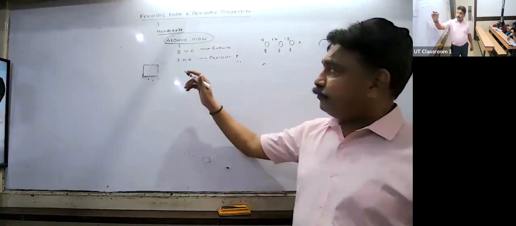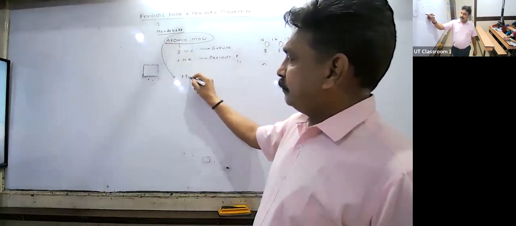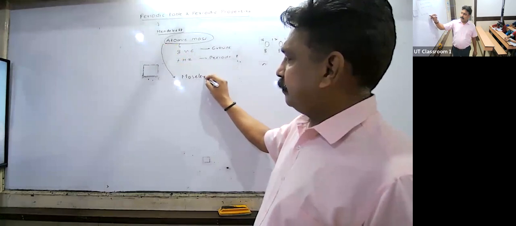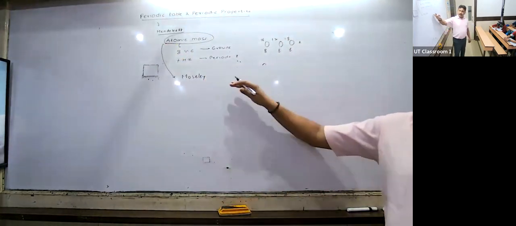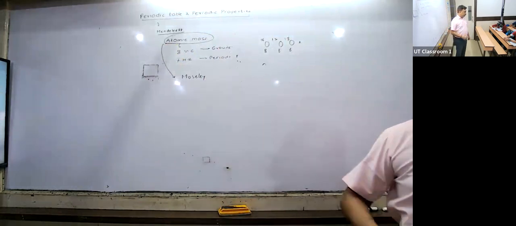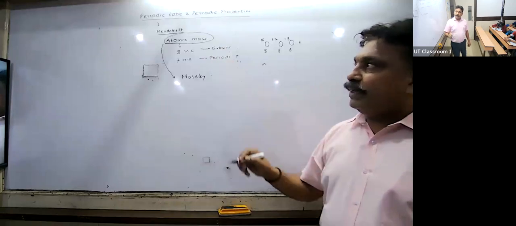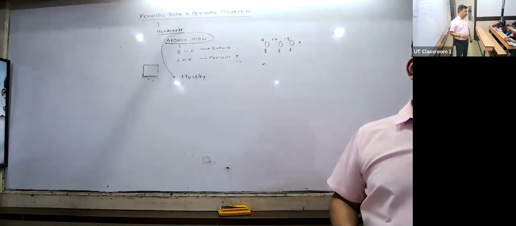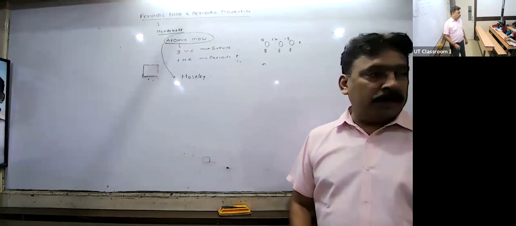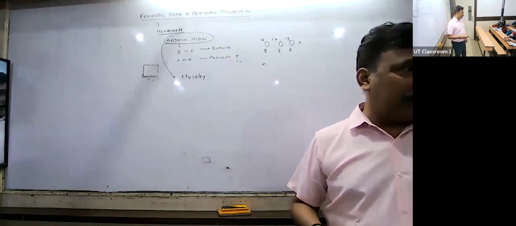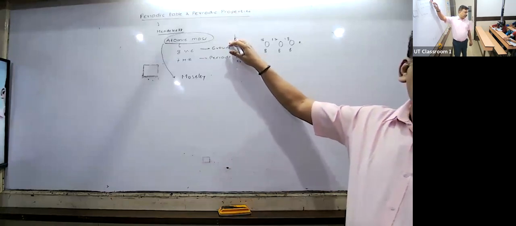So another man came forward. Who was there? Moseley, a Russian chemist, Mendeleev's counterpart. Moseley said, Mr. Mendeleev, with due respect to you, your periodic table has so many loopholes. The reason is that you classified the elements on the basis of atomic mass.